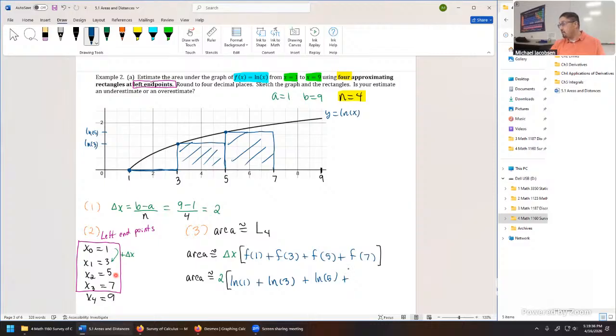And then one last one. F at 7 is natural log 7. On left endpoints, you start at the 7, go up till you hit the curve, here's natural log 7, and that's going to represent the height of the function in this entire region from 7 to 9. So that's the area for that entire segment.